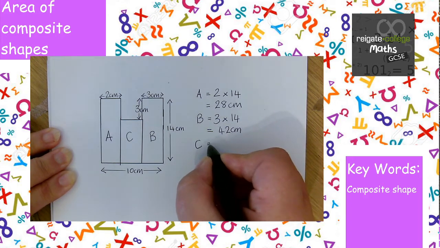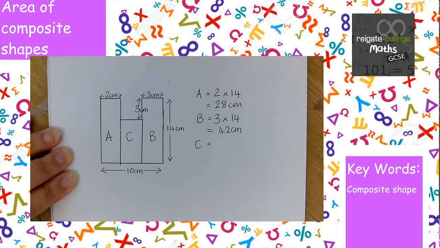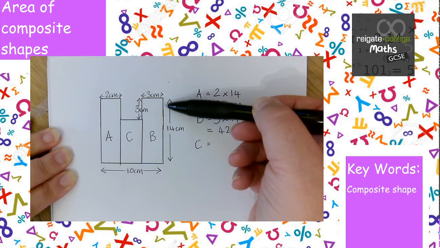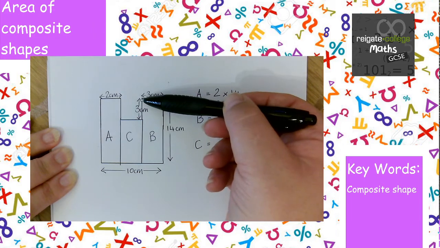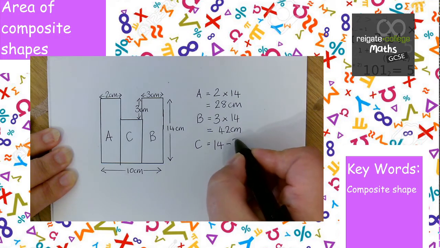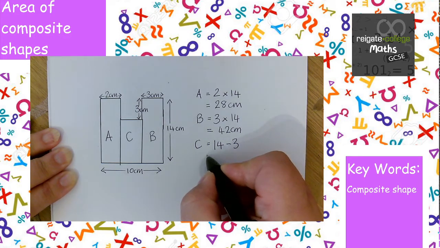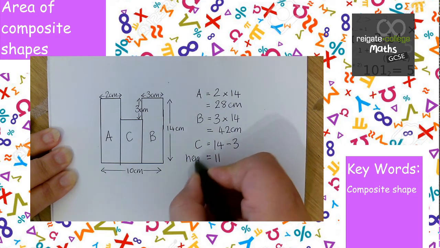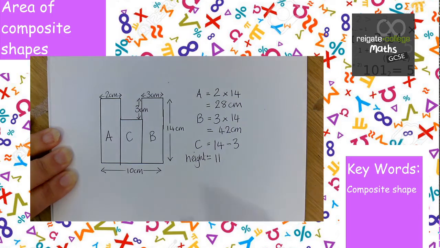Working out C, we have a couple of calculations to do to find the dimensions of the shape. The height of rectangle C is going to be 14 take away 3. 14 take away 3 gives us a height of 11. The width of the entire shape is 10. We need to subtract the width of this and the width of this.